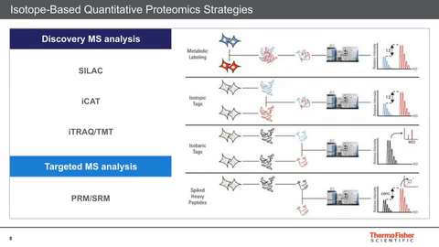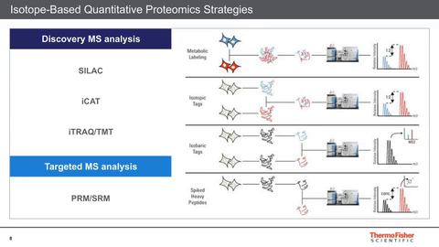As mentioned previously, another method to improve MS quantitation is to use isotopically labeled internal standards or to label the samples themselves with stable isotopes. For discovery MS analysis, there are numerous ways to label samples with stable isotopes. SILAC is a metabolic labeling approach where heavy amino acids are used to incorporate stable isotopes into expressed proteins.